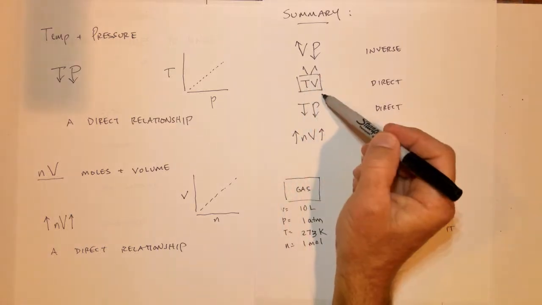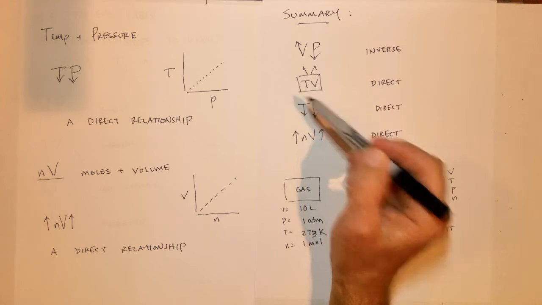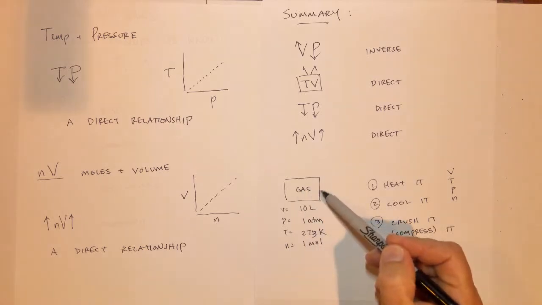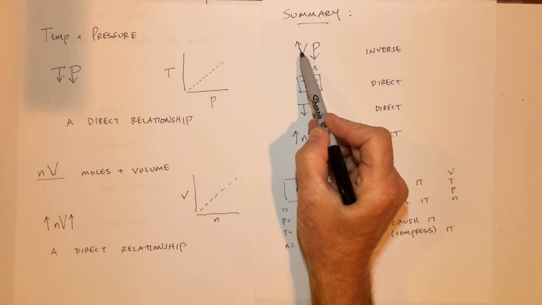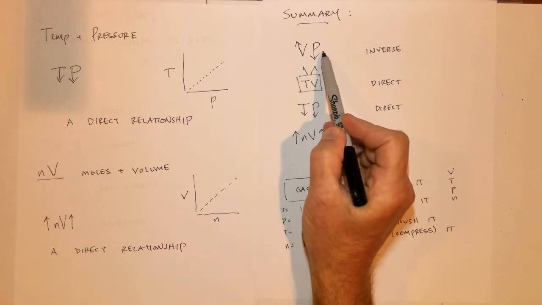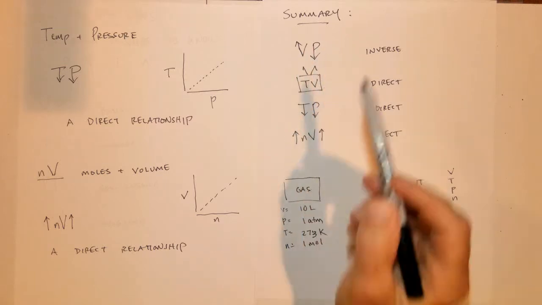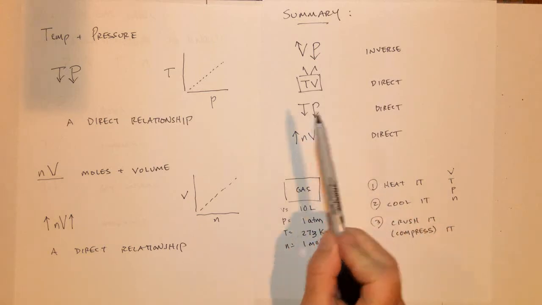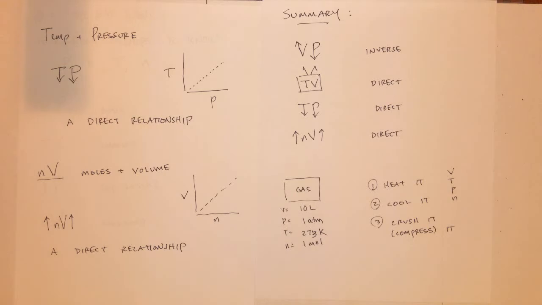Well, if the volume goes down, the temperature would go down. Is that true? As long as we have the pressure remaining the same. But here's the trick. If we squish this container and our volume goes down, our pressure would go up. And so the pressure would increase dramatically as we squash this, and if we increase the pressure, we would increase the temperature inside of here.